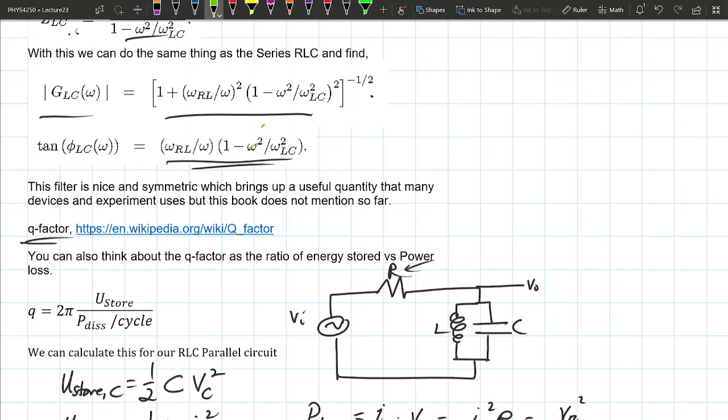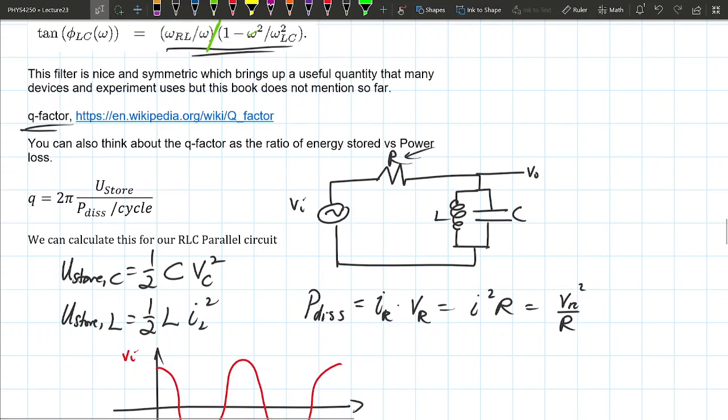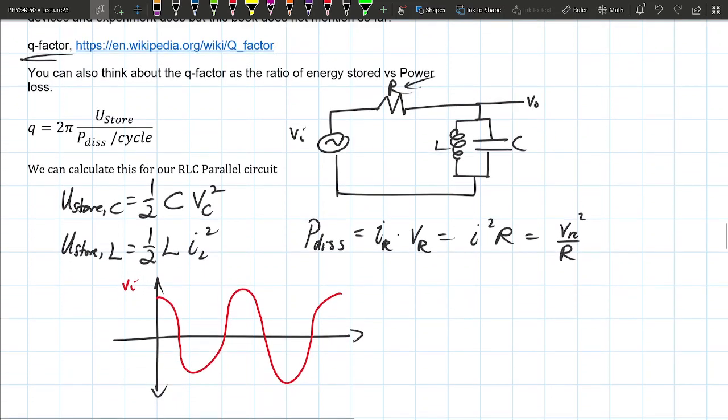This gives you 1. I think it's actually infinity. Sorry, I think there's just a missing slash there. Anyway, tangent of 90 degrees gives you infinity. Basically you have a vertical line. So the phase between the input and output is offset by 90 degrees.